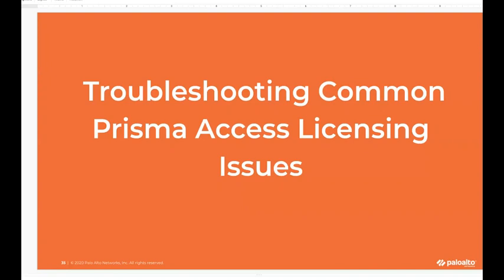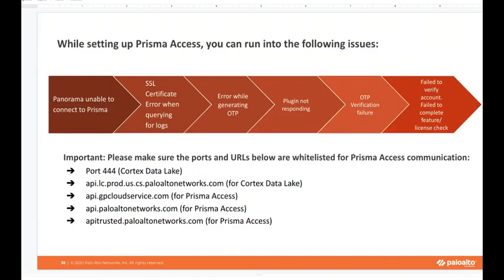Let's discuss some of the common troubleshooting scenarios which you may encounter while you're activating your Prisma Access licenses. There are some common issues which we have seen, for example, Panorama unable to connect to the Prisma Access, SSL certificate errors when querying logs, errors while generating OTP, plugin not responding, OTP verification failures, fail to verify account.